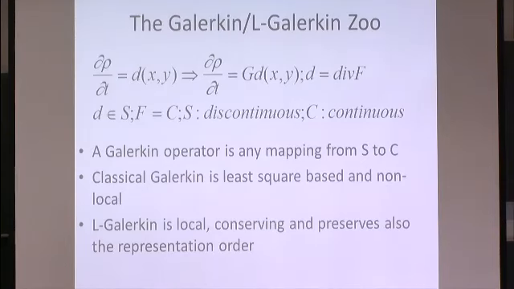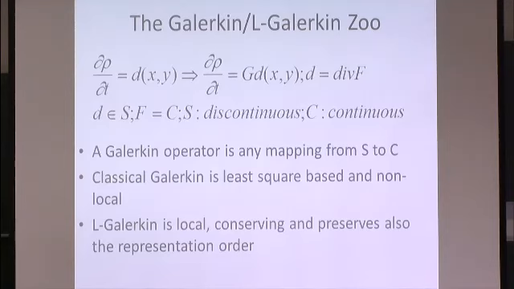So you have an equation of motion, a divergence on the right-hand side. You discretize it by taking the function system and taking the divergence on the function system. And then you get to the original function system by doing a Galerkin operator. I call Galerkin every operator which goes from the space of continuous functions to the space of discontinuous functions.